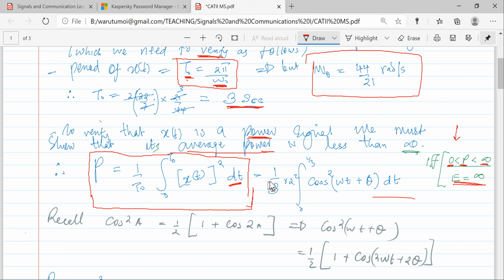So we simply say 1 over 3, where 3 is our period. Then you integrate cos squared of omega t plus theta. We have opted to work with omega instead of this value because we can get lost along the way.